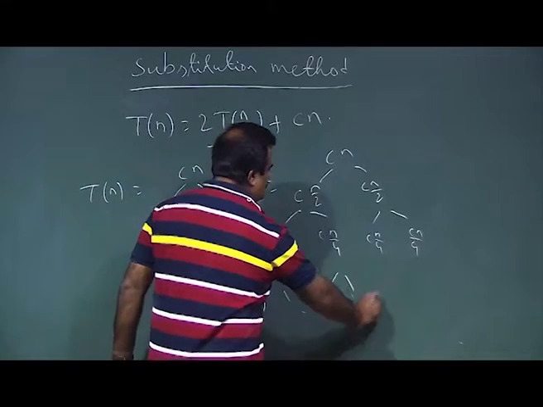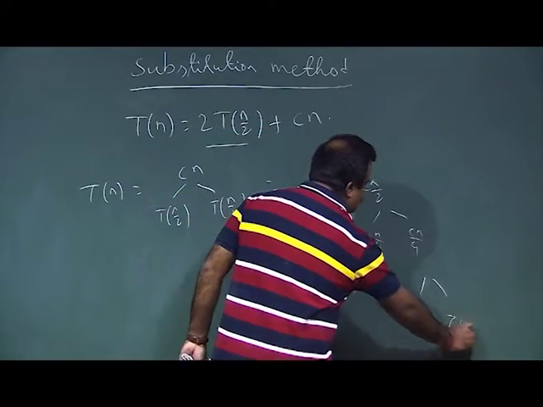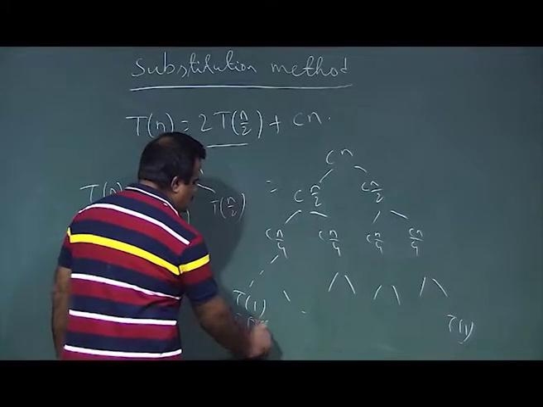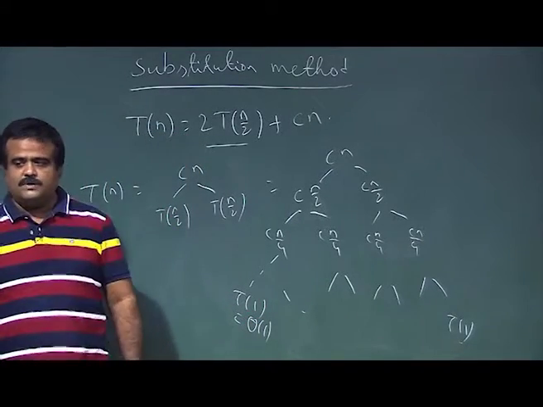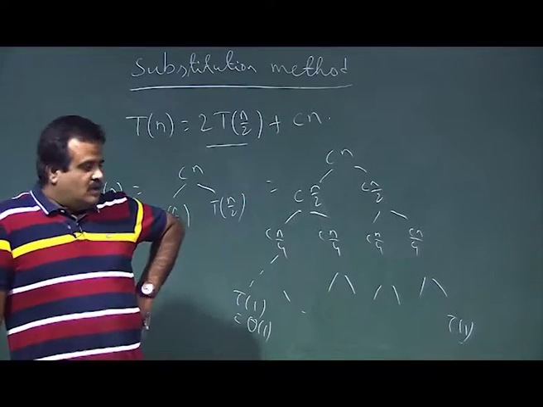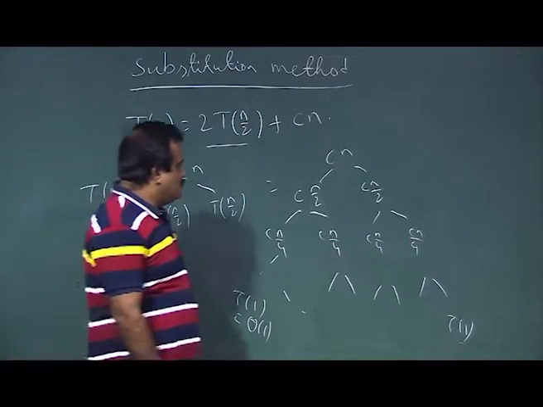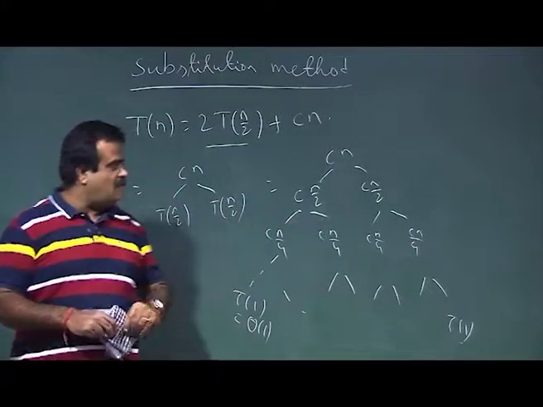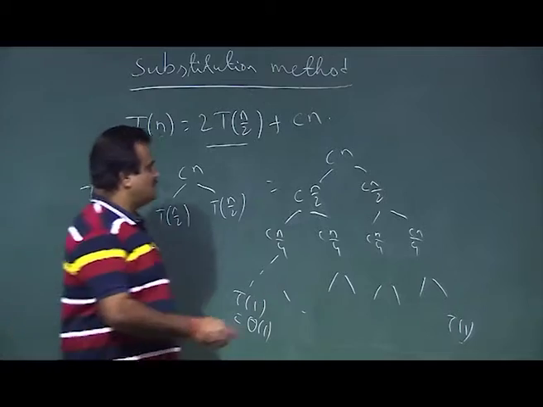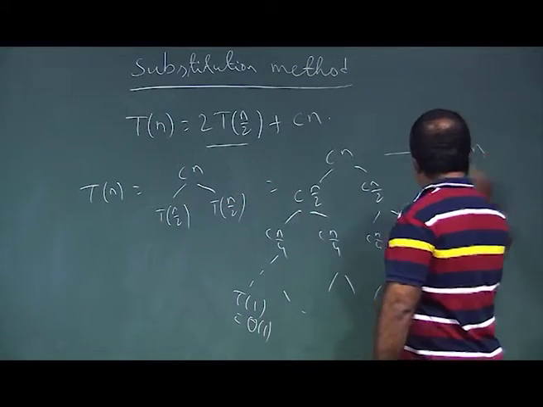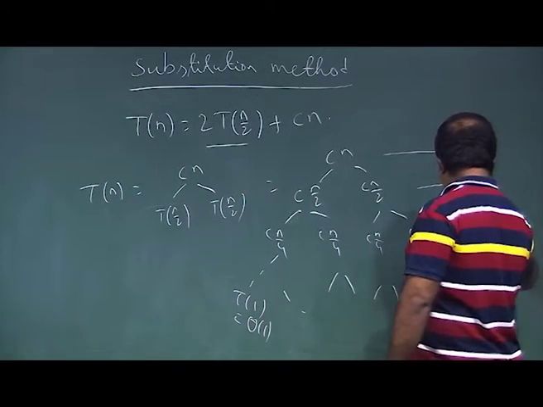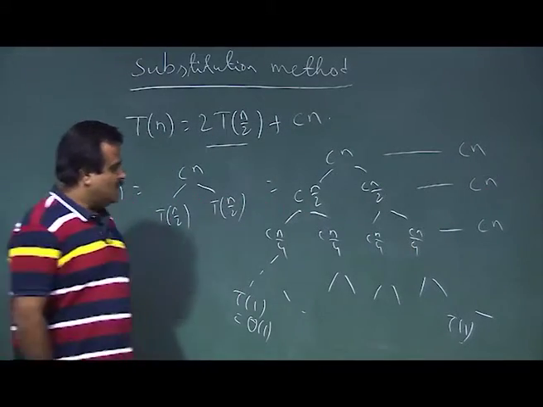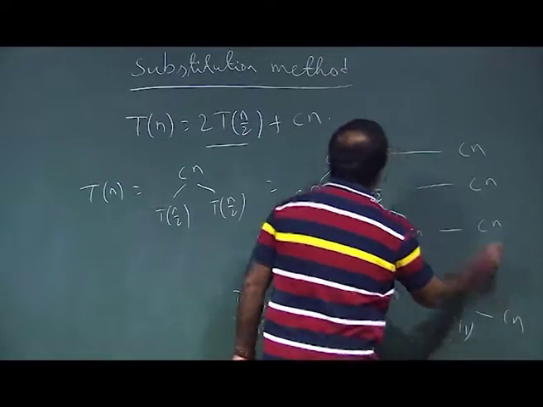All the branches of this tree end at T(1), which is the problem of size 1, and the cost to solve that problem is theta(1). Now the runtime is basically the sum of all these nodes. To make the sum, we take Cn per level, and we know the height of this tree is log n. So basically it gives us an n log n algorithm.